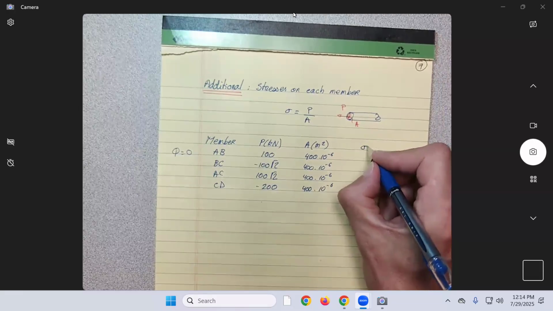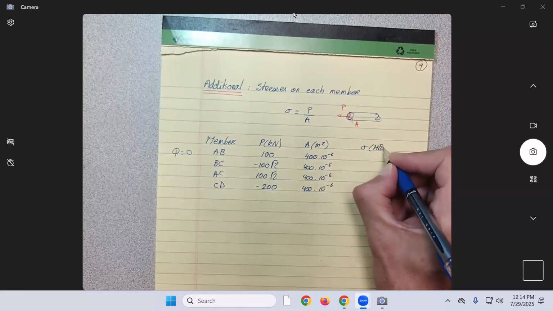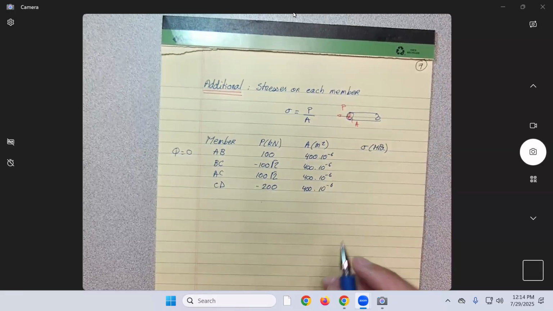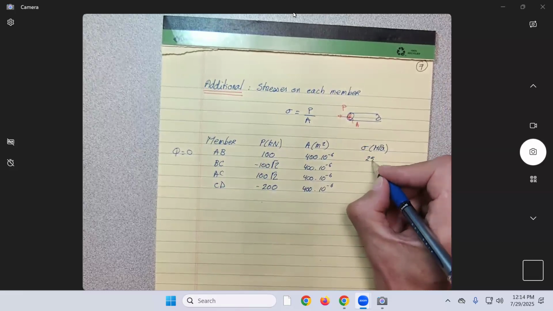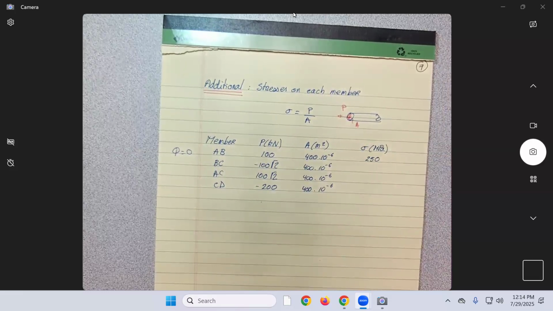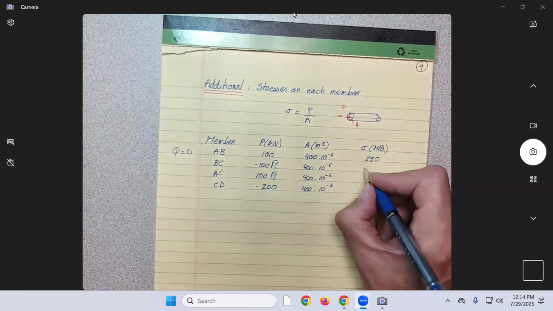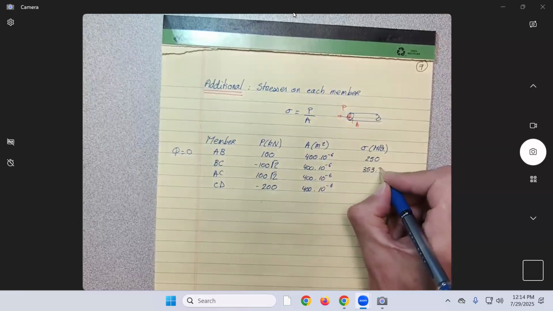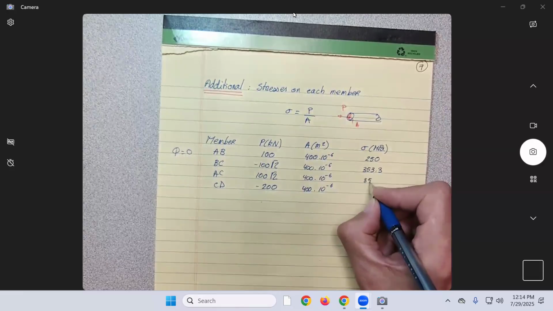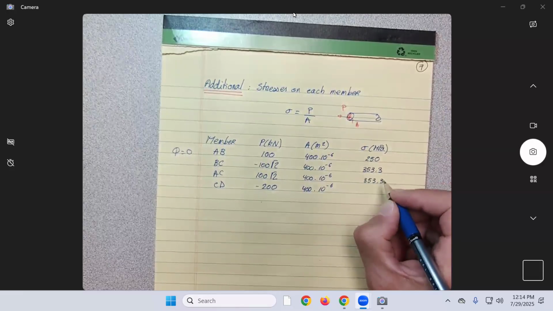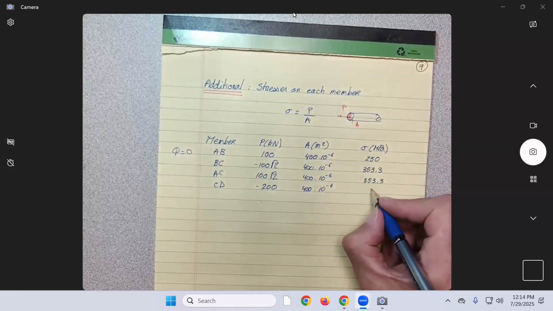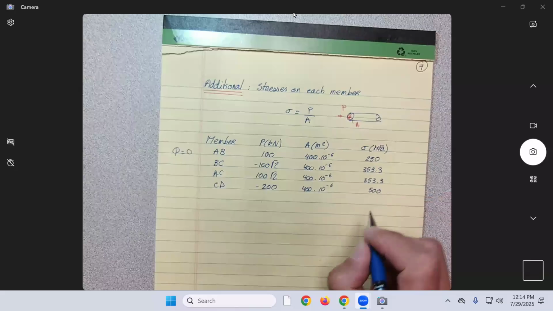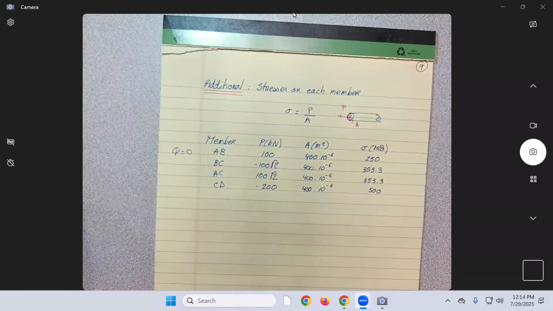Then this will mean that the stress in megapascals will be 250, 353.3, 353.3, and the last one would be 500.